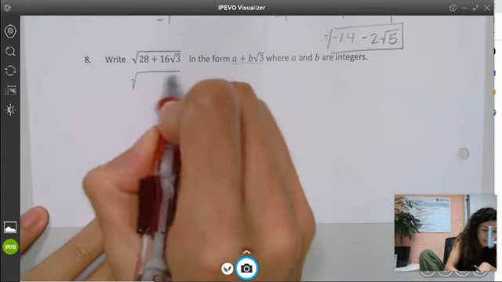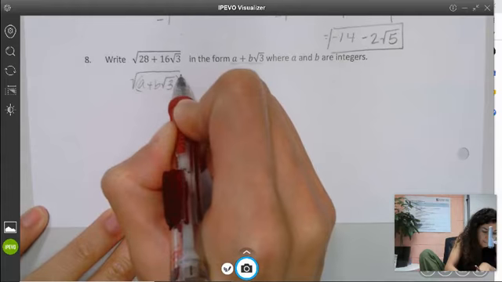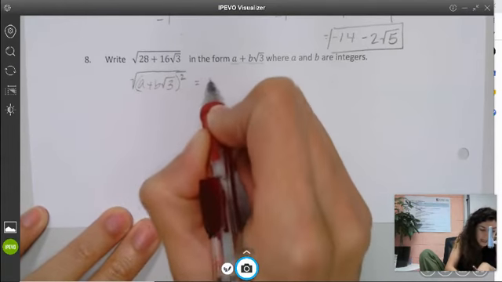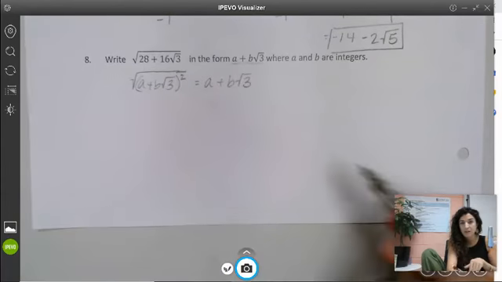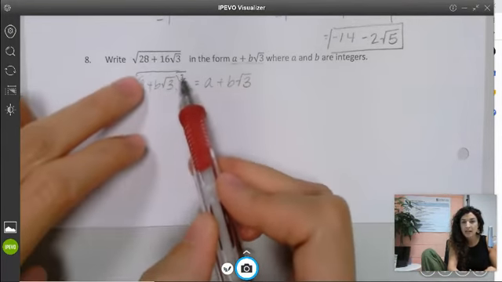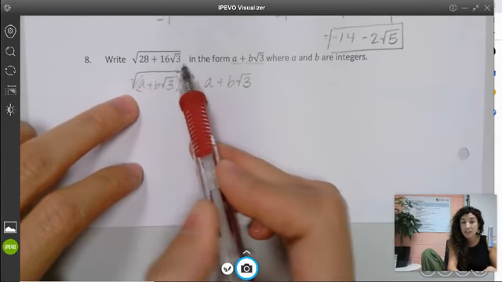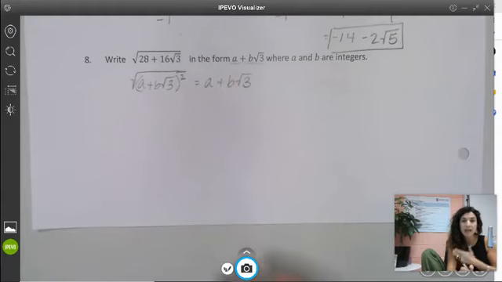It means that we had something, a plus b times the square root of 3, squared, such that it came out to be a plus b times the square root of 3. Does that make sense? As long as we have this whole thing in here squared, and then we take the square root of it, that is the only way that it could come out to be a plus b times the square root of 3.